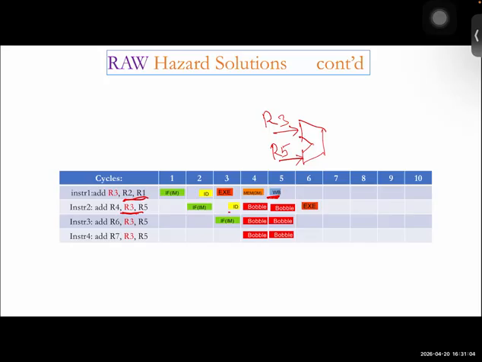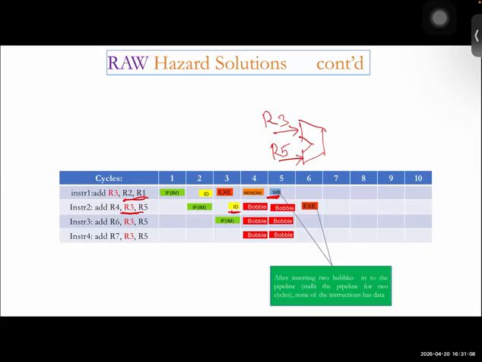So instruction 2 moves to the next stage in the pipeline, that is the execution stage. The instruction decode stage becomes idle, so instruction 3 moves into the instruction decode stage. At this time, instruction 3 will get the correct R3 value, which was written in the fifth stage, and the R5 value.